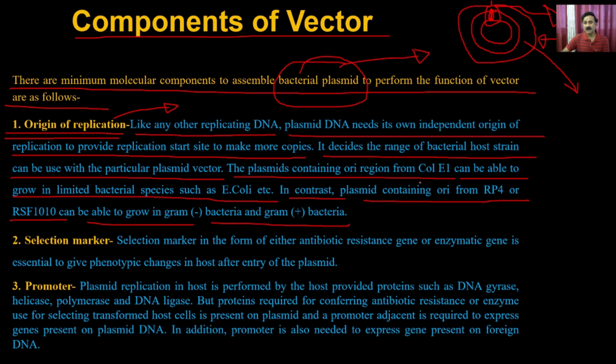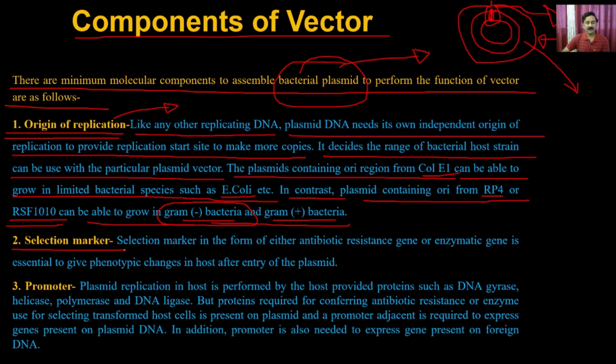So the type of origin of replication restricts the replication of that plasmid to certain bacterial species. If you have ColE1, it is only going to replicate in E. coli, whereas with the origin from RP4 or RSF1010 it is more relaxed and will grow in most bacteria, whether gram positive or gram negative.